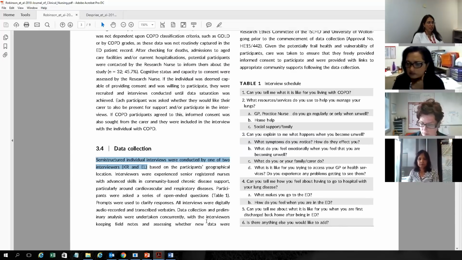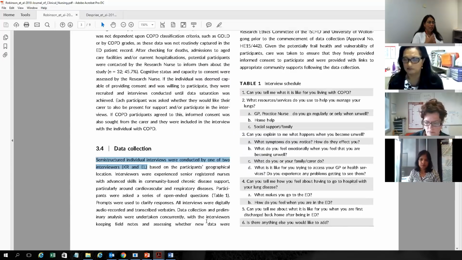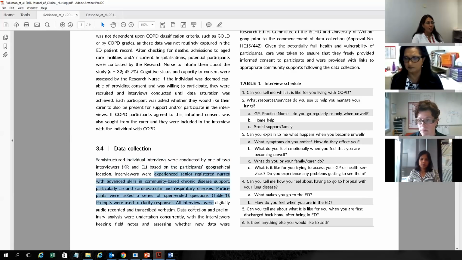By means of semi-structured interviews, participants were questioned about their experiences of COPD, how they managed it, etc. So you need to pull out some information from the article about the data collection method and explain it. Some of this information will go in your answer on data collection.